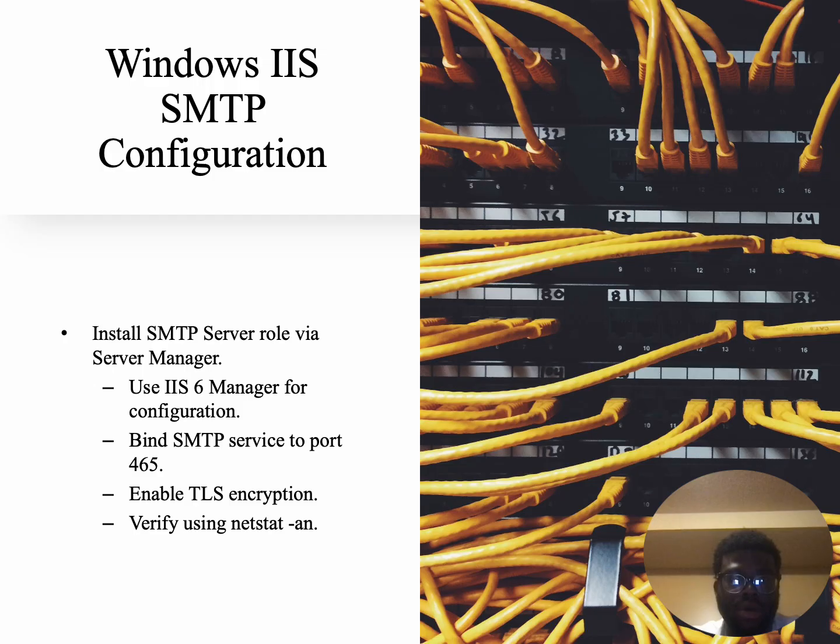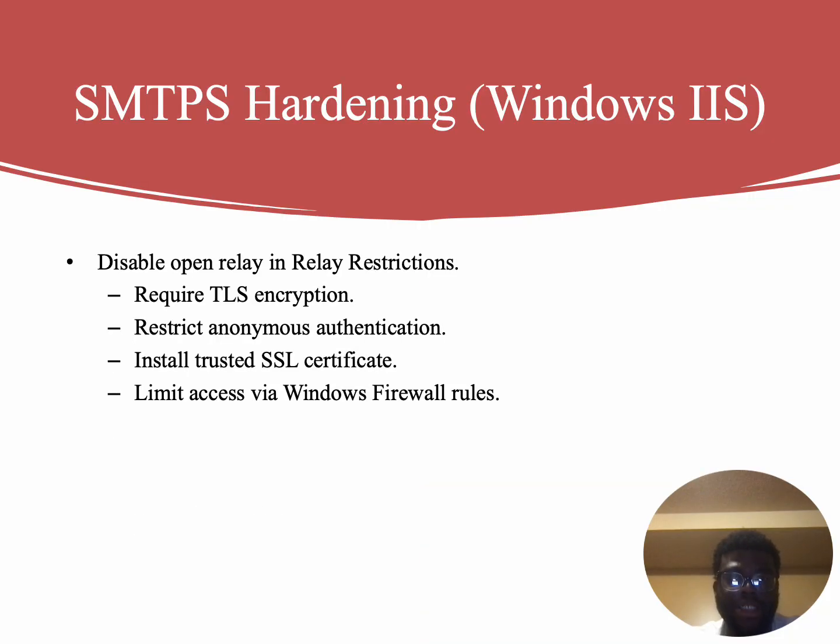Then the SMTPS hardening for Windows. So you disable open relay in relay restrictions. You require TLS encryption. You restrict anonymous authentication. You install trusted SSL certificates. Limit access via Windows firewall rules.